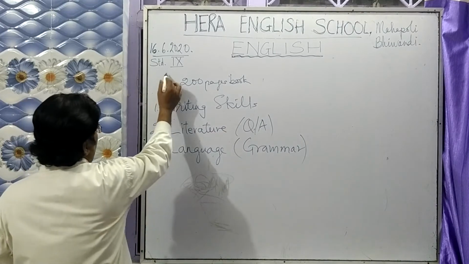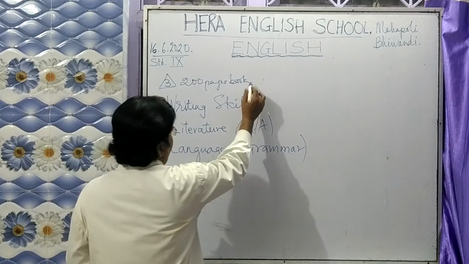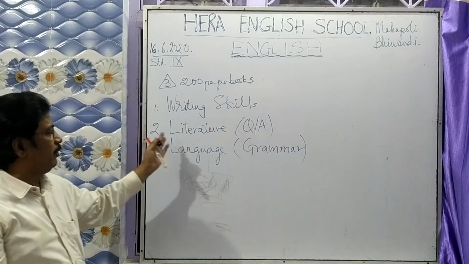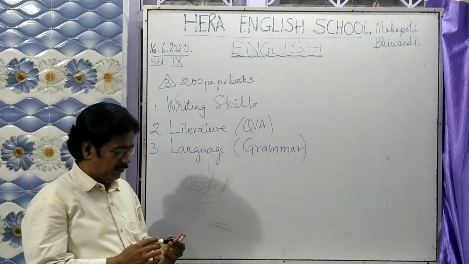That means you will be having 3 200-page notebooks: 1 for writing skill, 2 for literature, and 3 for language. That is your grammar part of it.